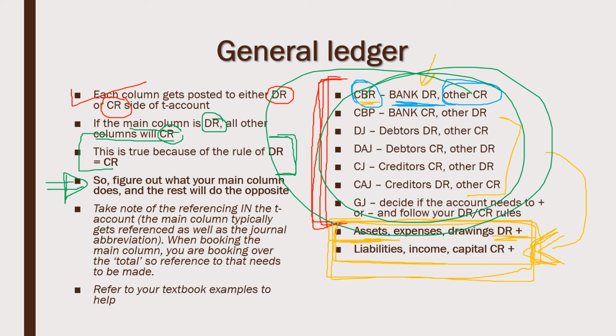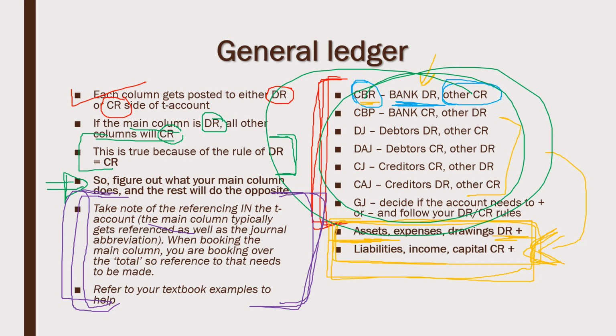Something over and above that is the referencing. How do you fill in the rest of your T account entry, because there are obviously some names and dates as well. Take note of the referencing in the T account. The main column typically gets referenced as well as the journal abbreviation: CBR, CBP, CJ, CAJ.